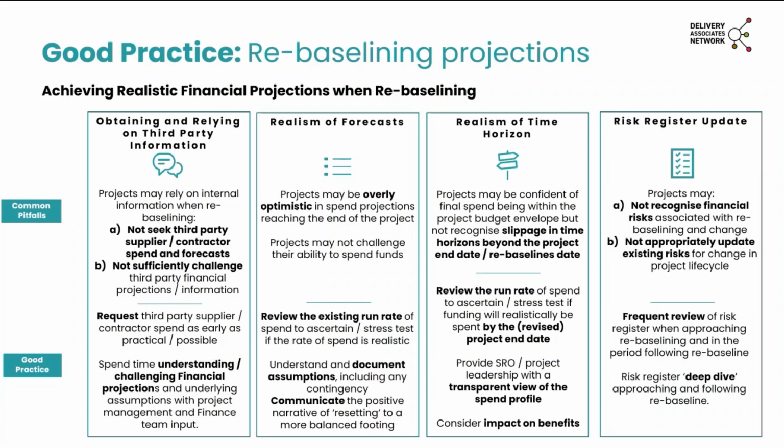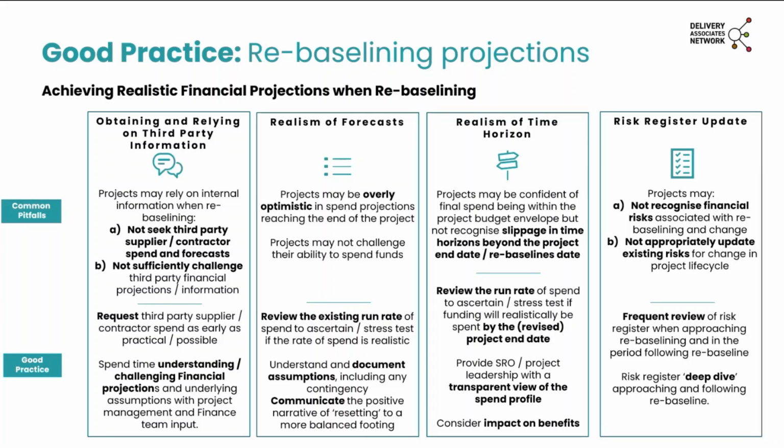Next, a common pitfall that we might see is that unrealistic forecasts in terms of value, but also unrealistic forecasts in terms of time horizon, are set. Inherently, project teams may be overly optimistic in the value of the budget that they are expecting to spend and also in the related time horizon.